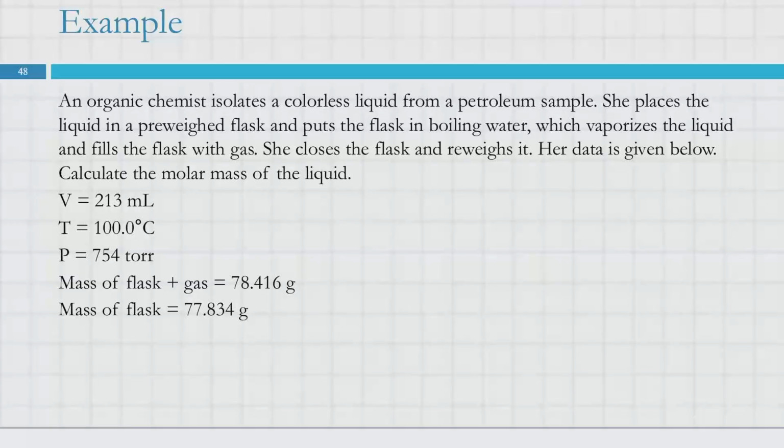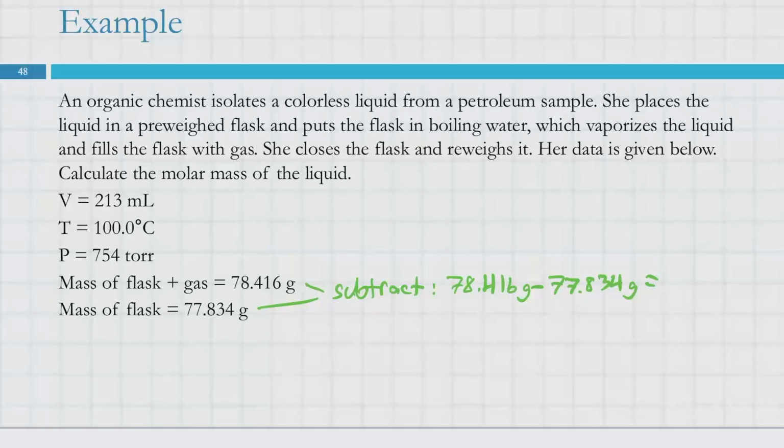So we've got a bunch of variables. We've got our volume of the flask. We've got the temperature of the boiling water. We've got the pressure in the room. We've got the mass of the flask plus the gas, and the mass of just the flask. We can find the mass of the gas by subtracting the flask plus gas and just the flask.